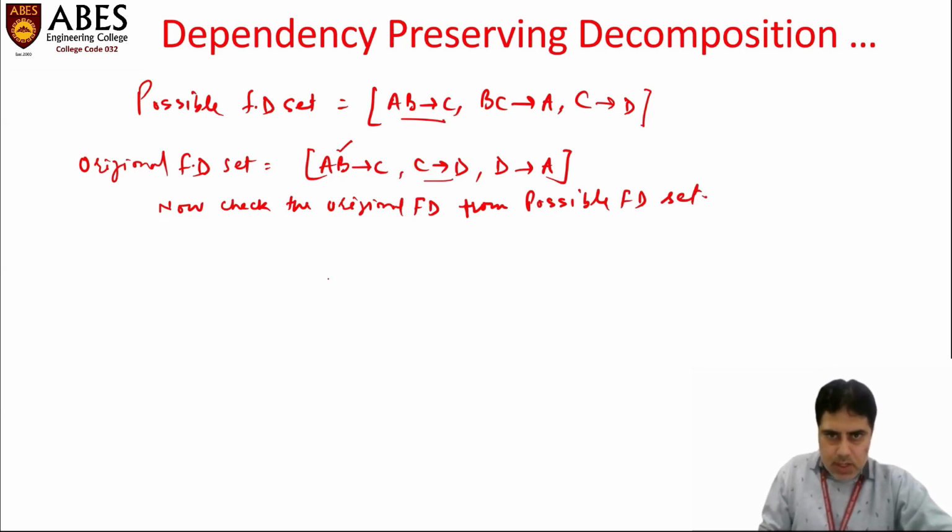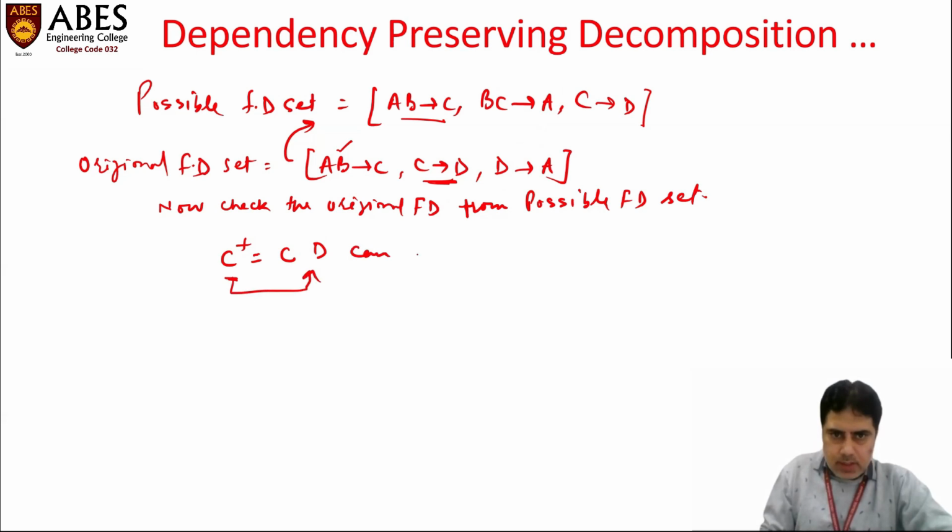Now take the attribute closure of C from the possible functional dependency set. Now we can determine C to C and C to D, and nothing else. So we can determine C to D.